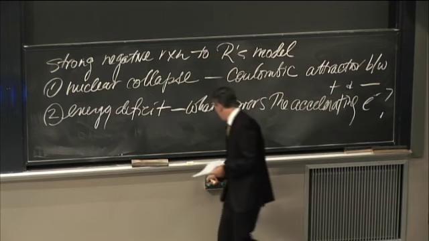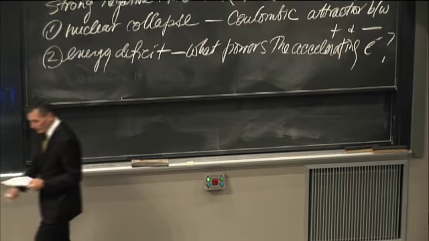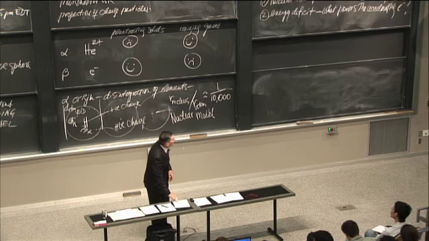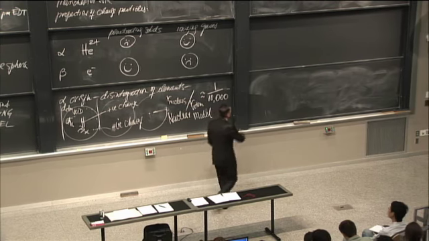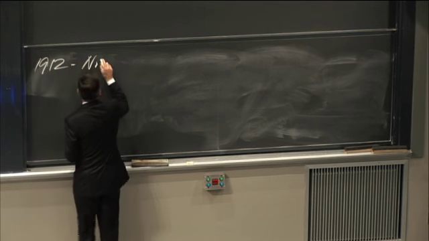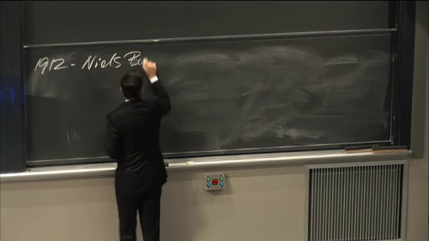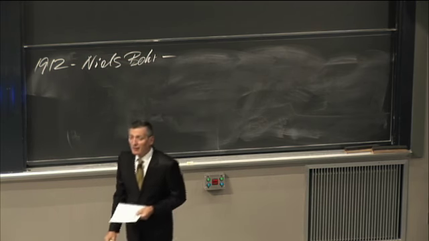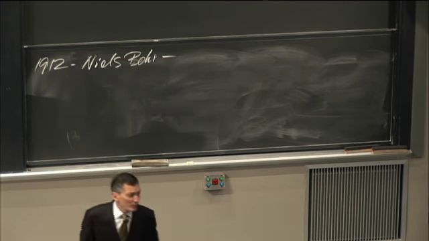So that's a problem. All right, now the story continues. The next chapter is 1912. So this is 1911. In 1912, a young Danish physicist by the name of Niels Bohr had just finished his PhD in Copenhagen, and he got a fellowship from the Carlsberg Brewery Foundation.